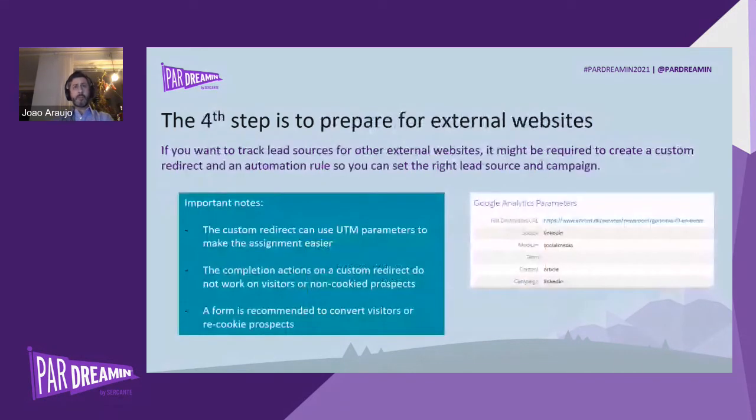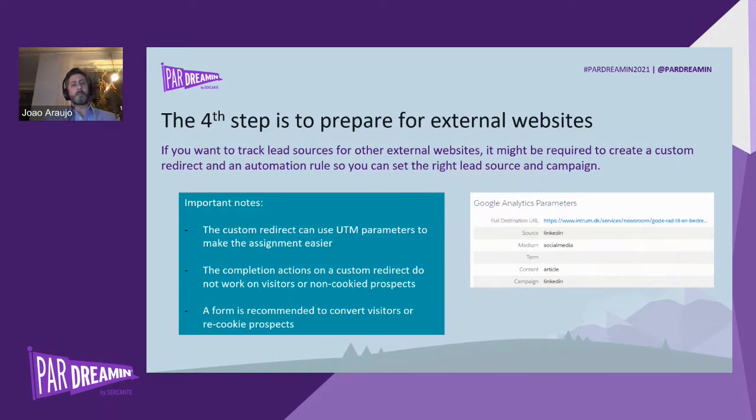Another step that you need to do is to prepare for external websites. Here is where things get a little bit trickier. If you're doing campaigns on LinkedIn or on a partner website, you need to ensure that you are using some Pardot features such as custom redirects, so that you can understand where these leads came from and then assign them to the right lead source and the right campaigns.